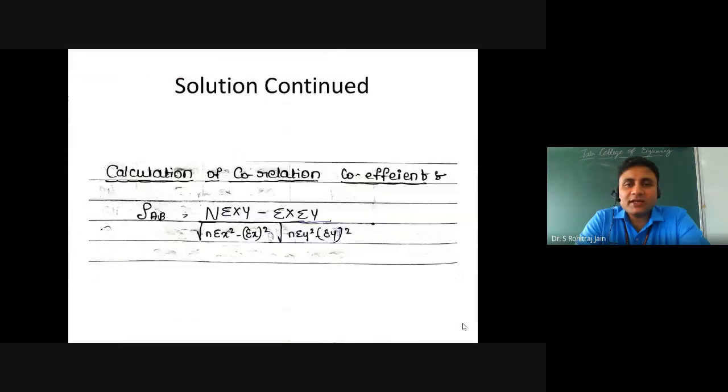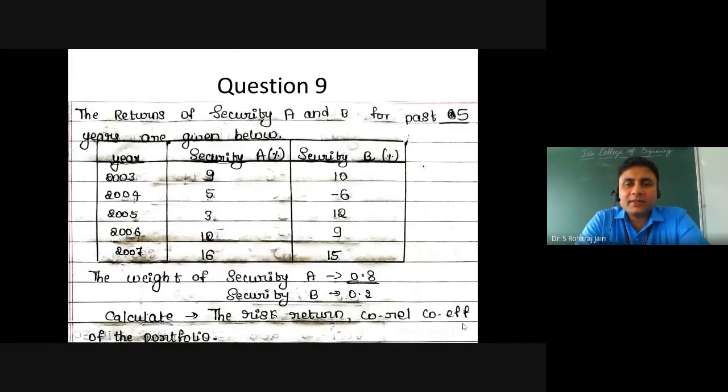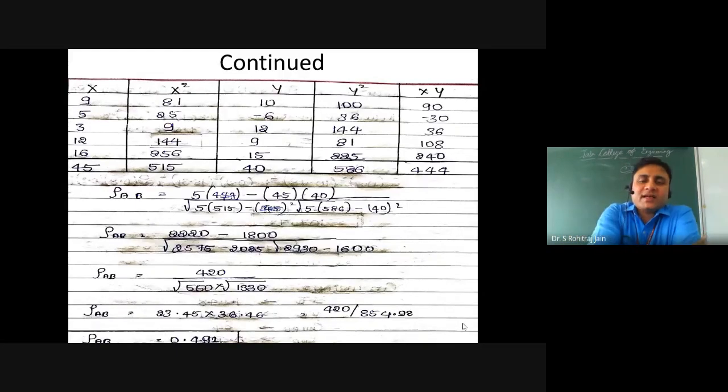Similarly for the next security also, see there, the security B I'm reading: 10, -6, 12, 9 and 15, right? Now in this question, students, you need to find the correlation coefficient that exists between these two securities, right? So whether they are positively correlated, negatively correlated, or whether there exists no correlation between these two securities. So y, that is I have taken the next stock. Then similarly y square and x multiplied by y.